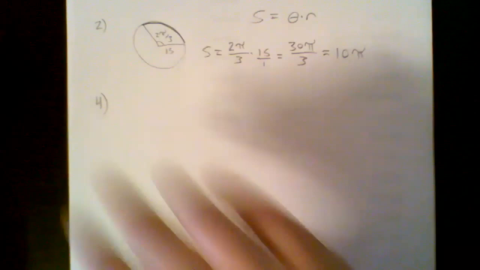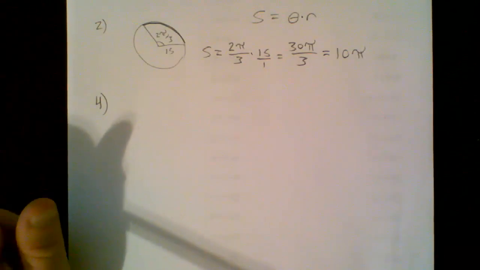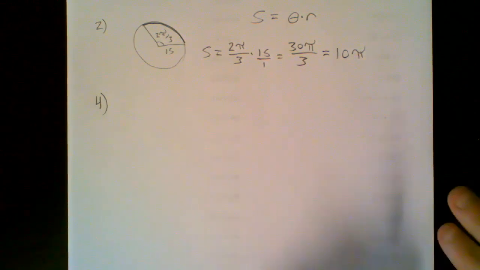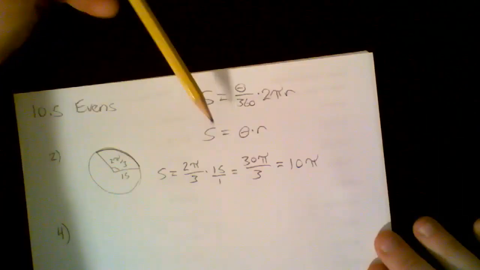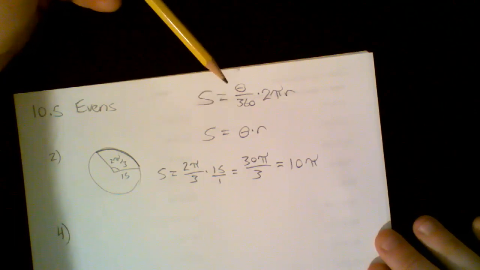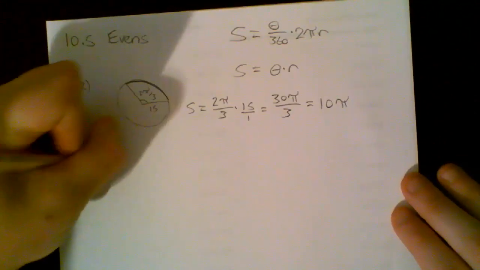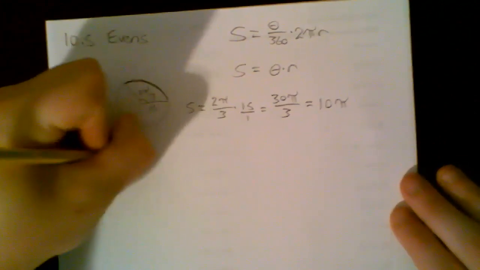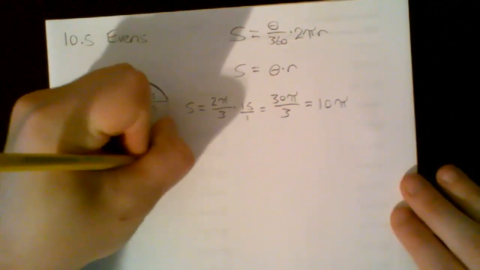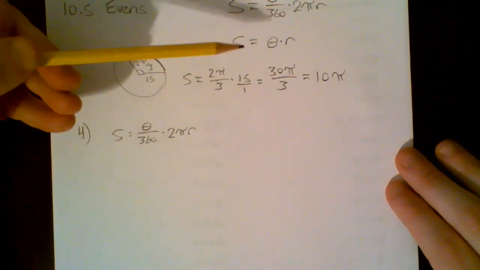Going on to number 4 now. Oh man, let's see. After class, Angela says, I don't understand how he got the formula S equals theta times r. So basically, she doesn't understand where this formula came from. So what we have to do is start out with this formula here. If we start out with S equals theta over 360 degrees times 2 pi r, we have to start with this and end up here.